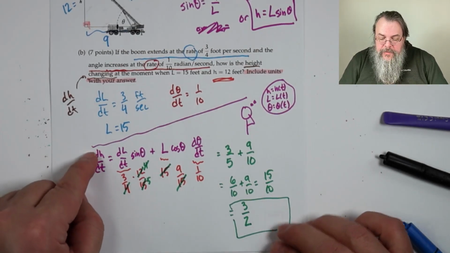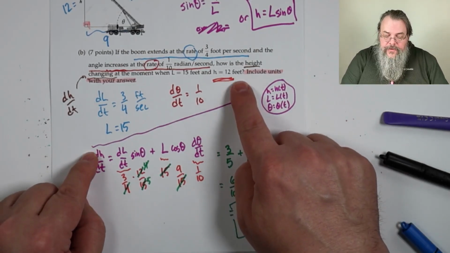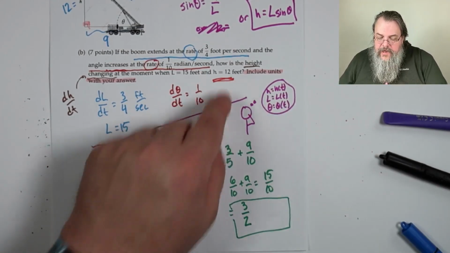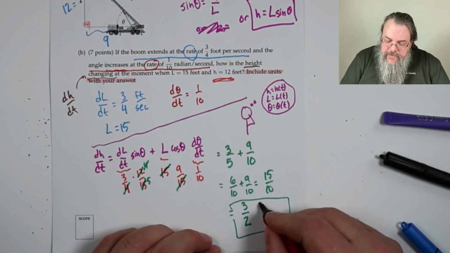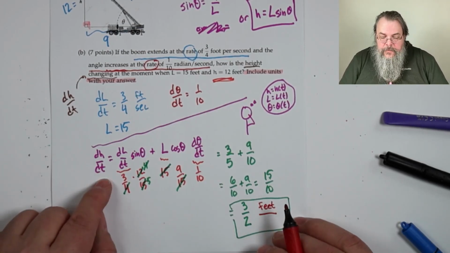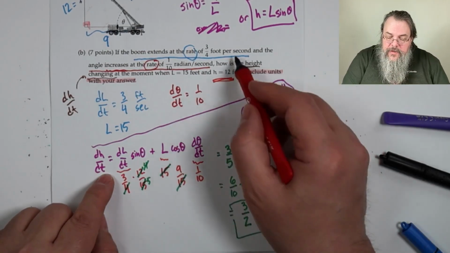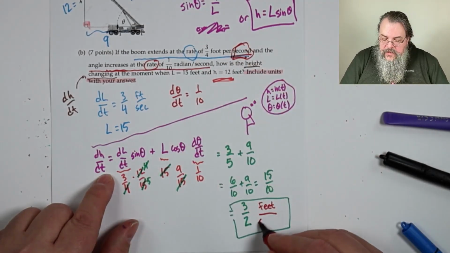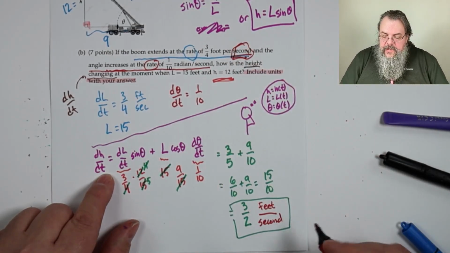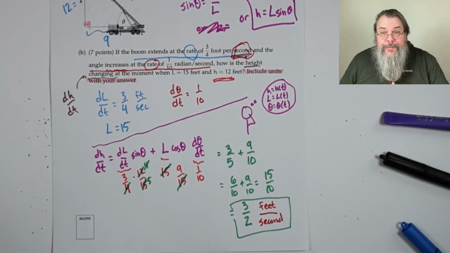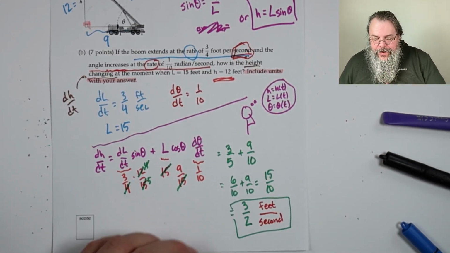Height is being measured in feet, so this change in height is a feet measurement. And time is being measured in seconds. So it's feet per second. Don't forget that. That's a point, and every point matters. Got to get them all.